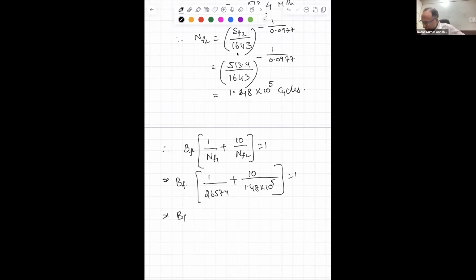That implies BF, what is this value? BF is equal to number of repetitions is equal to 1 by 26574 plus 1 by 1.48 into 10 power 4.